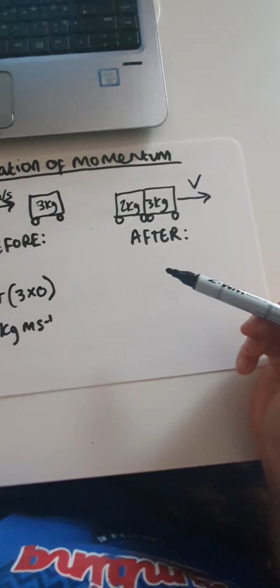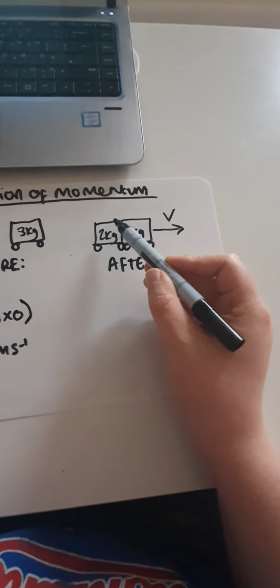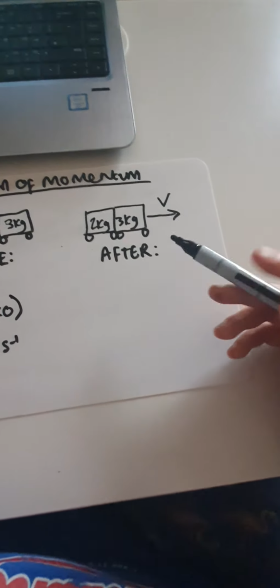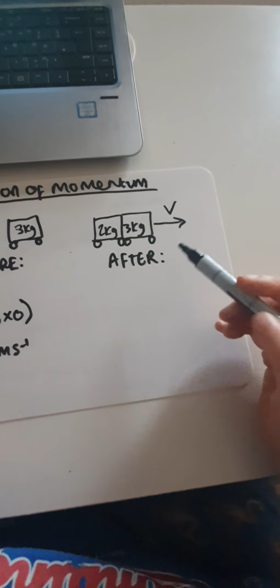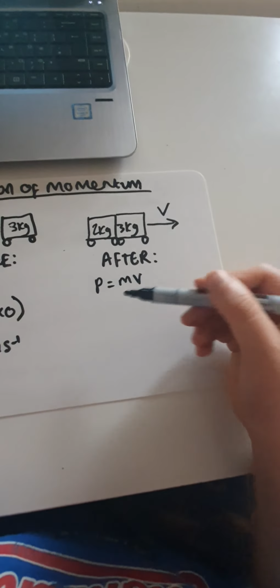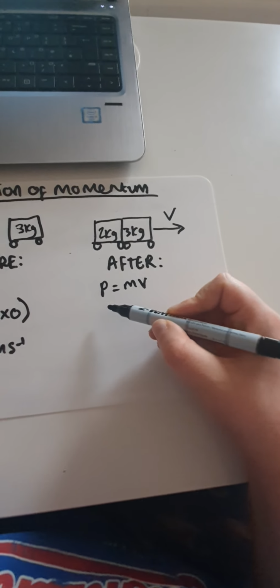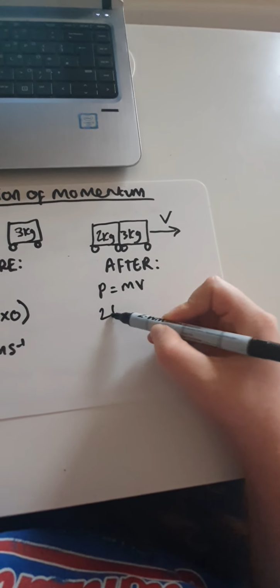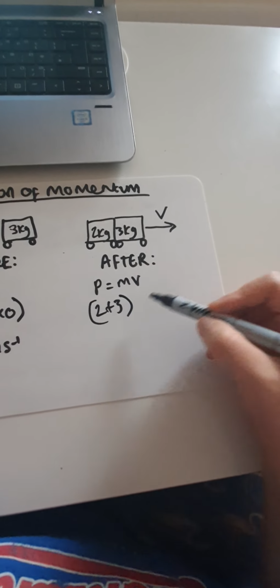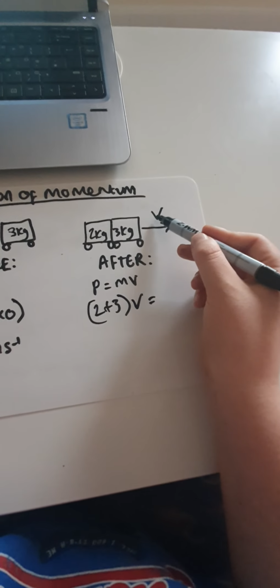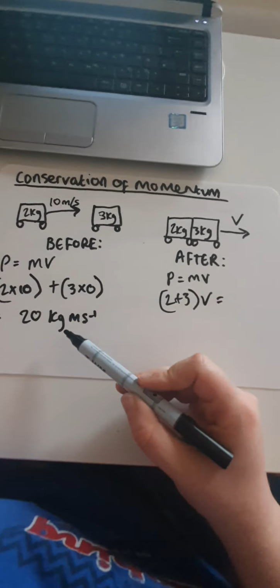Okay, now I know then that the momentum here in this scenario after the collision also has to be 20. So because they're stuck together, I can consider them to be basically one vehicle now. So I'm going to add those together, remembering P equals mv. So 2 plus 3 times v, that's my momentum of this situation, I don't know what v is, must equal 20.